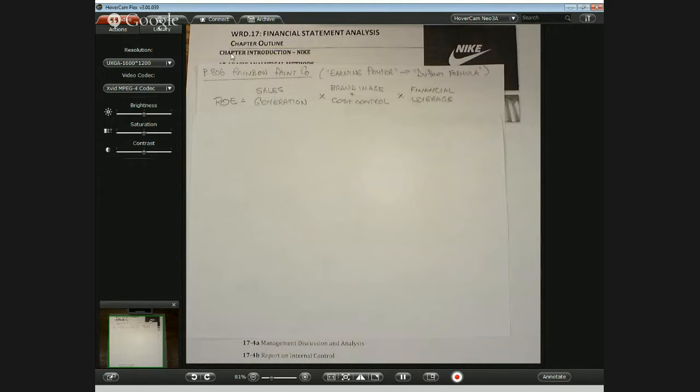What we're addressing here is the company's earning power. This was developed over 100 years ago in the early 1900s by a company called DuPont de Nemours Corporation. It's a big Delaware chemical company, and they are still around and still making a lot of chemical sales.